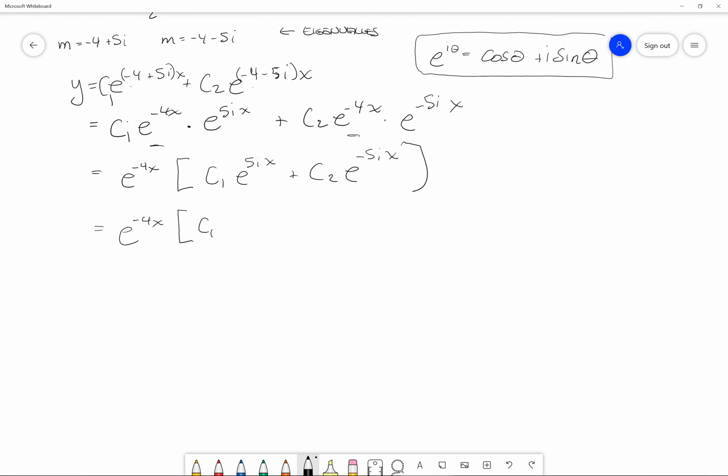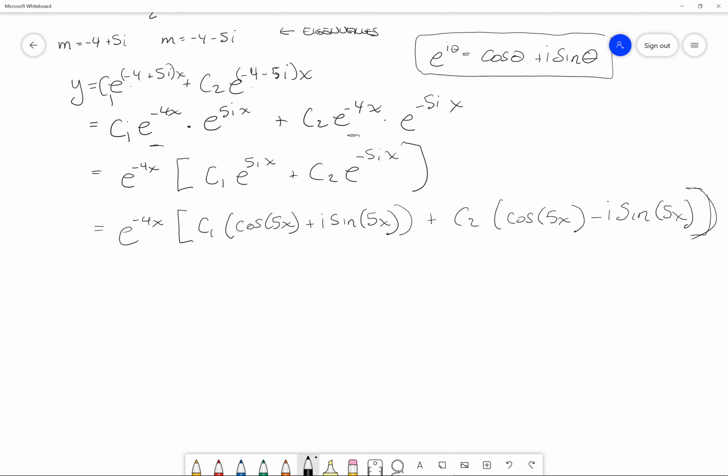You get c1, and here I'm going to go cos 5x plus i sine 5x, plus c2, and now look, cos of negative 5x is equal to cos of positive 5x, right? So we have cos of 5x. Now, sine of negative 5x equals negative sine of 5x. So equals i minus sine 5x. And we can combine these if we like.